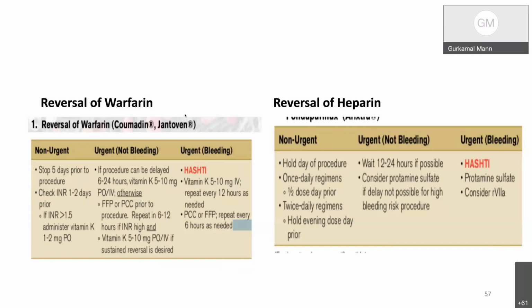Protamine sulfate. And what is the dose of protamine? Dose, no idea, sir. You have never used that. No, sir. 0.4 ml, 40 milligram. I don't know how they are calculating this.